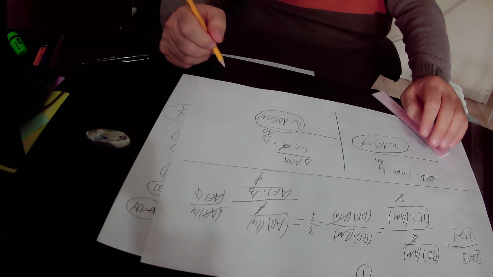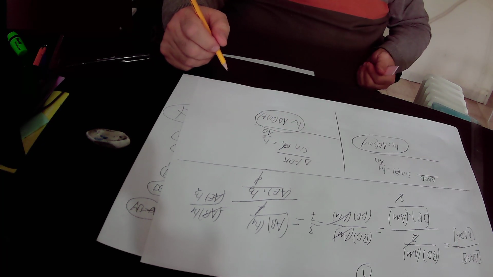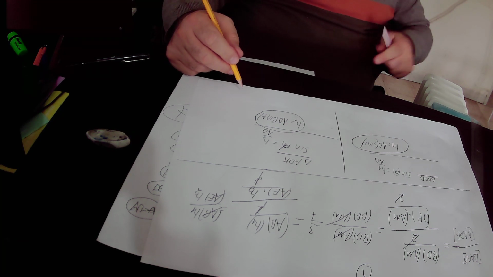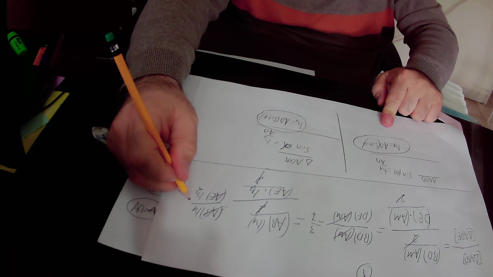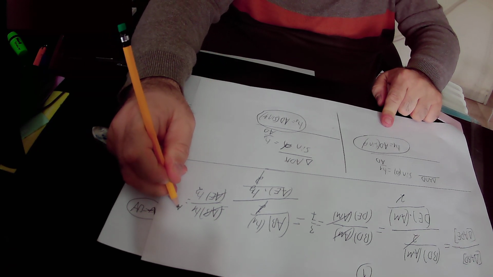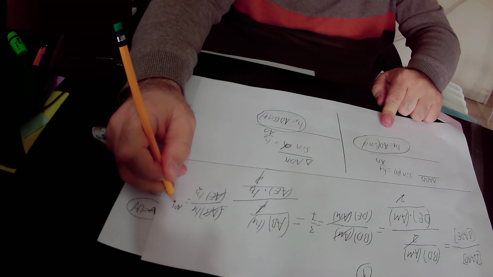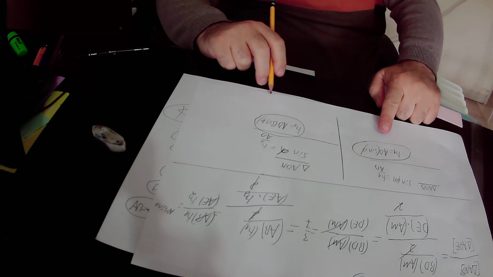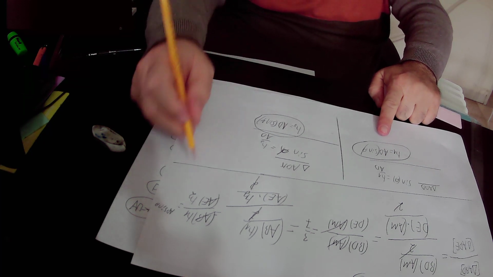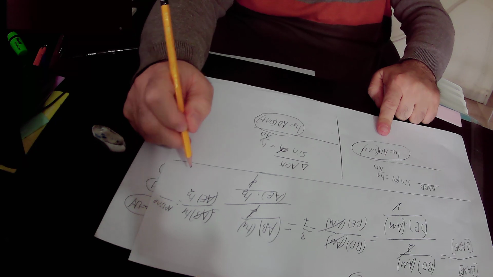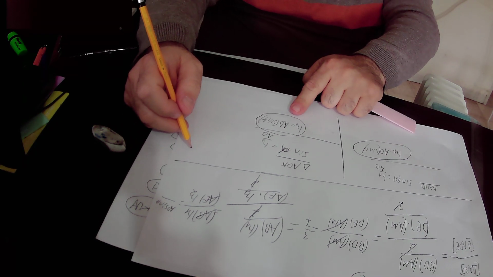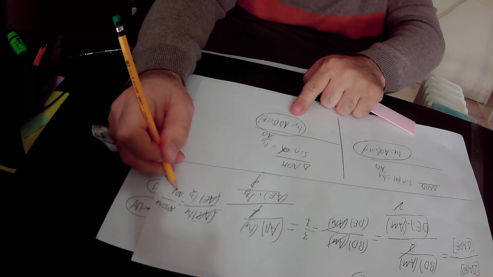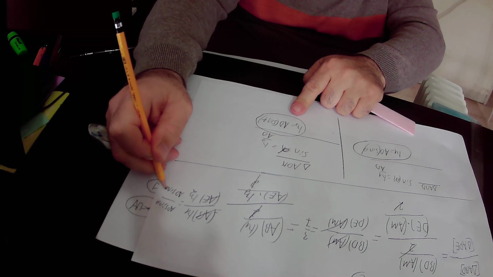Okay, so now we can substitute H1 by AD sine theta and H2 by AD sine alpha.